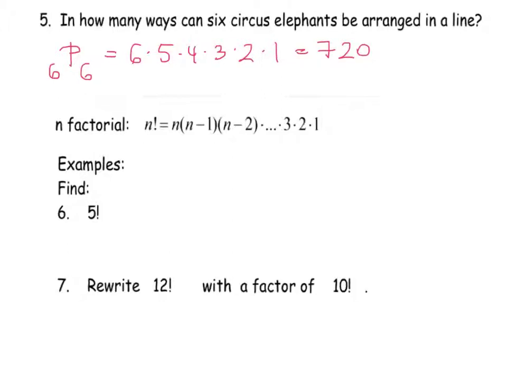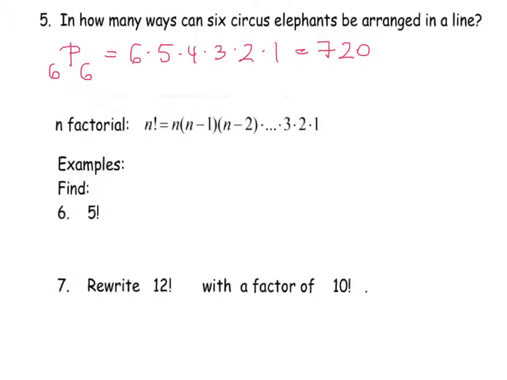There is another notation, which is the factorial notation. We represent it by an exclamation mark. n factorial is the product of n times n minus 1 times n minus 2, all the way to 3 times 2 times 1.